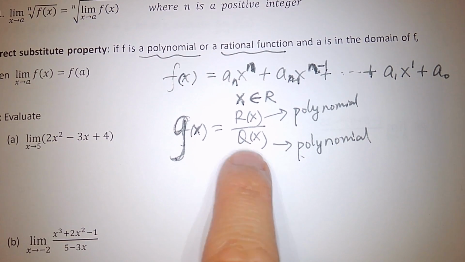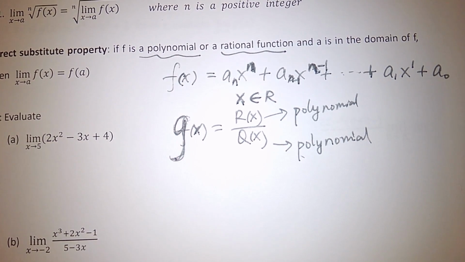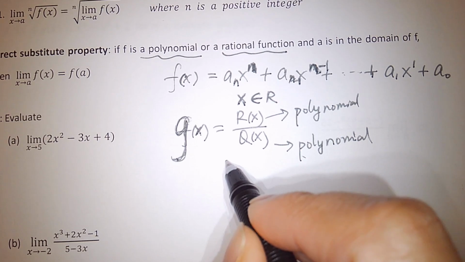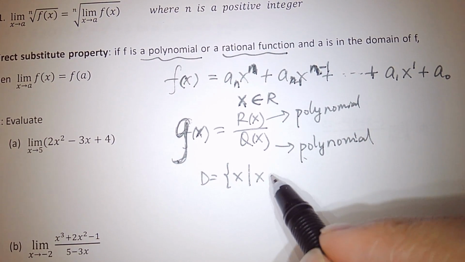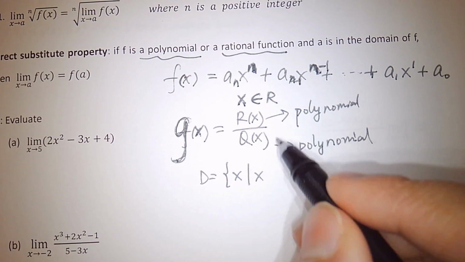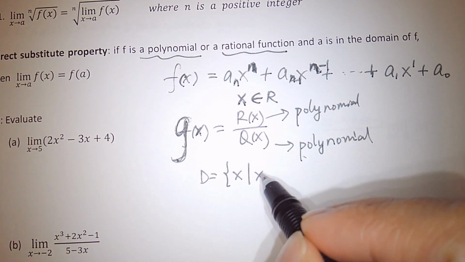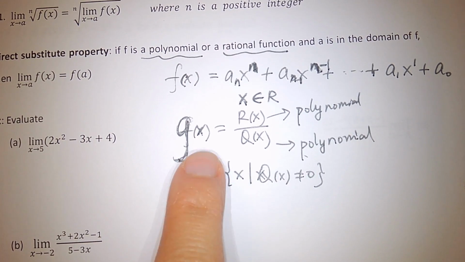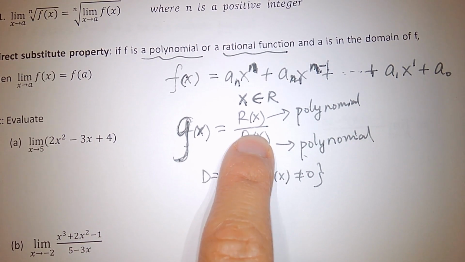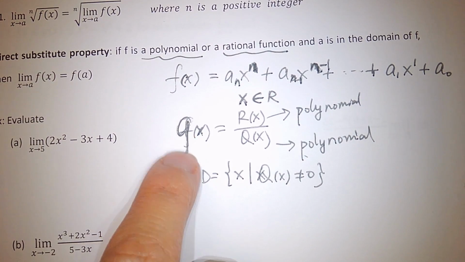The domain for this function g is all real numbers, except those x which will make q of x equal 0. So q of x cannot be 0. So there are also some restrictions on x.